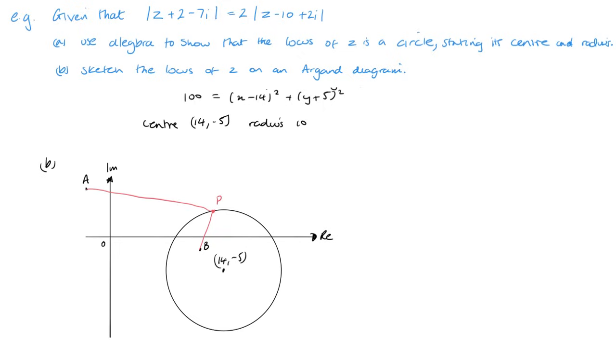So as I go around this circle, this length and this length, while changing, remain in the same ratio. The red bit is just for me to explain, nothing to do with part B in terms of the question. But hopefully that makes sense to you.